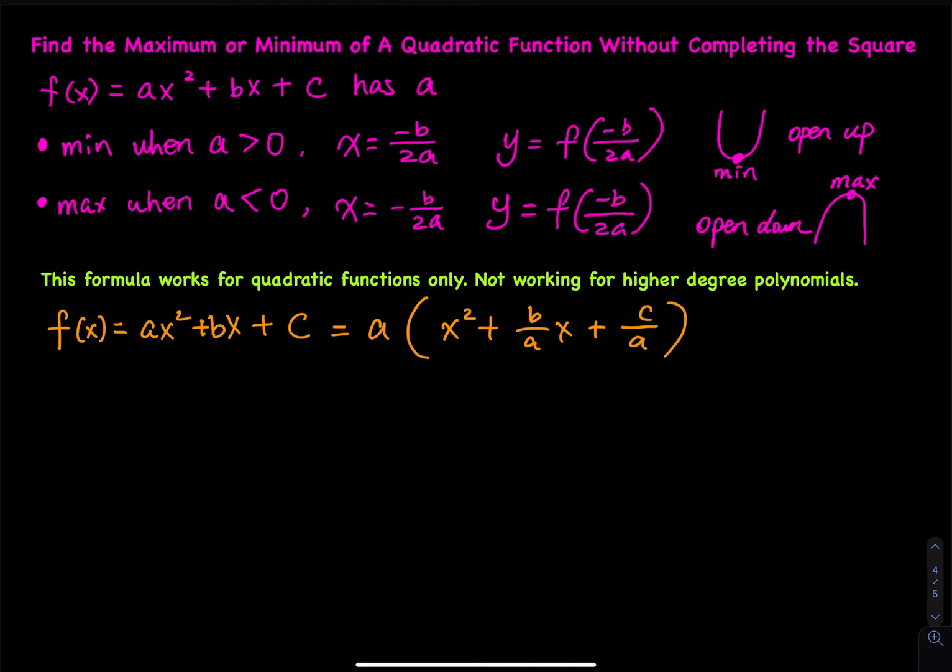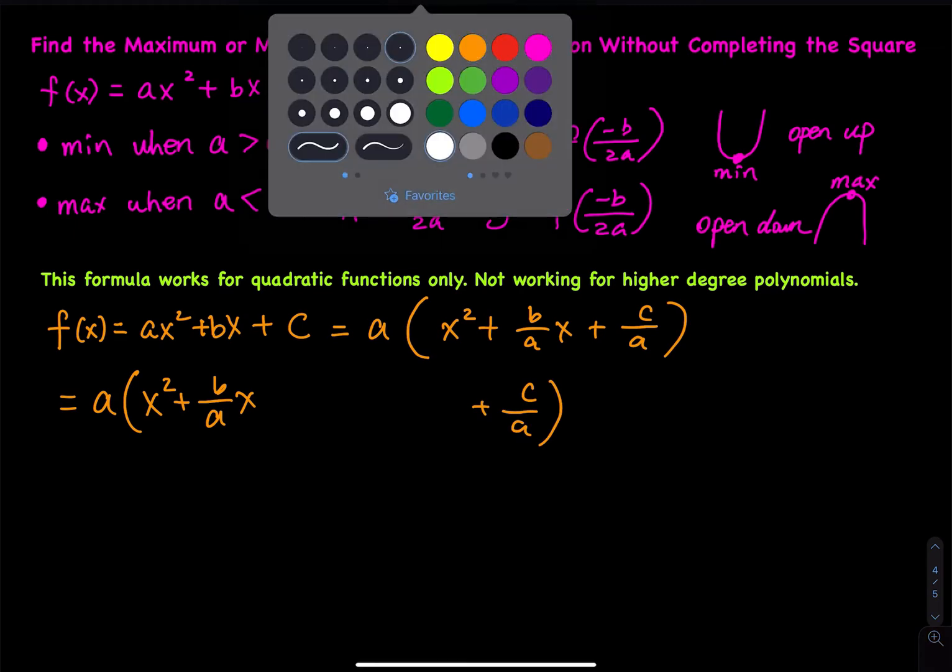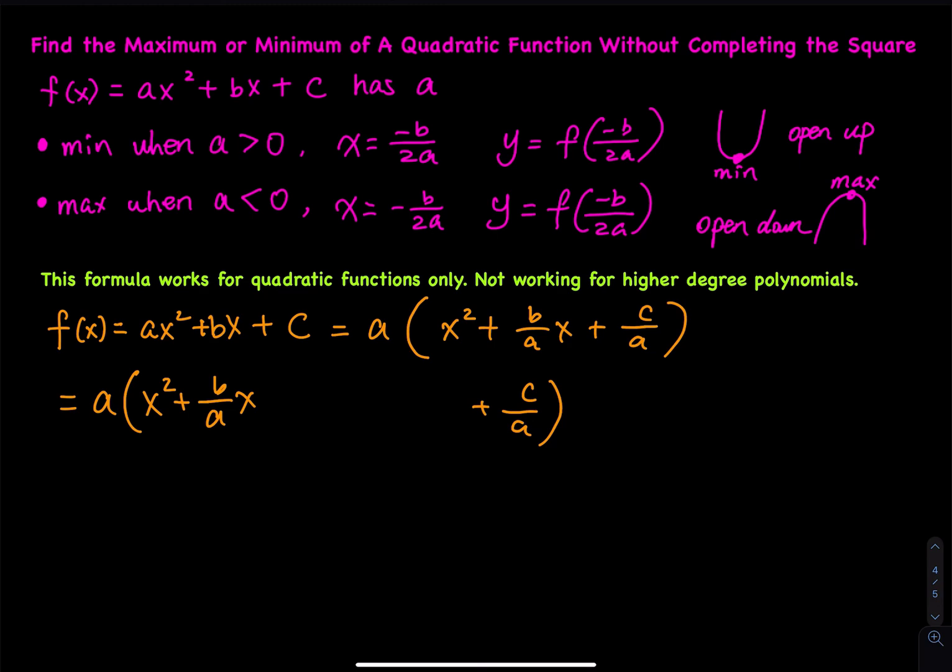All right, moving on, the next line is a, and then we have x squared plus b divided by a times x, and then we have to leave some space and then c divided by a. So how do we complete the square? Let me change to another color. What is b? b is the coefficient right next to x, that is b divided by a. To complete the square, you have to do b divided by a, divided by 2.